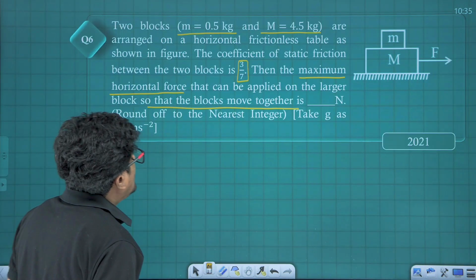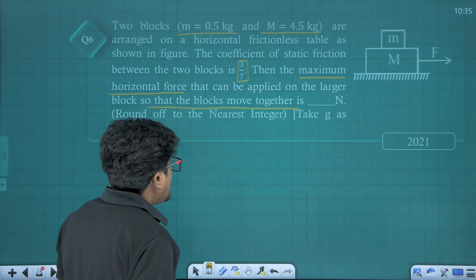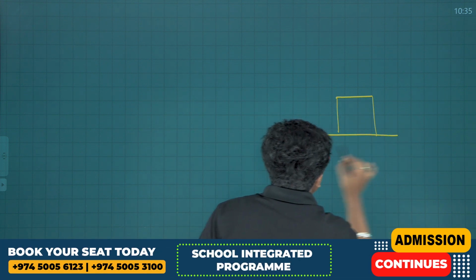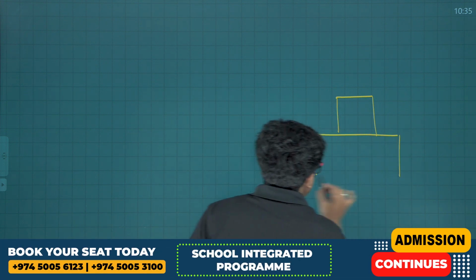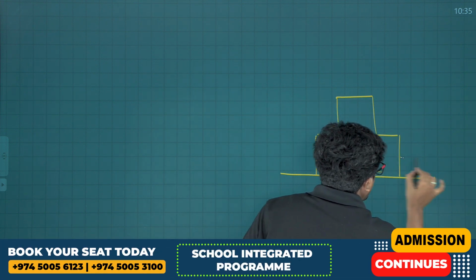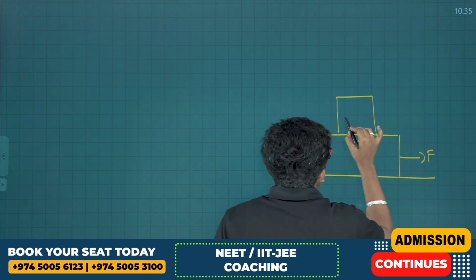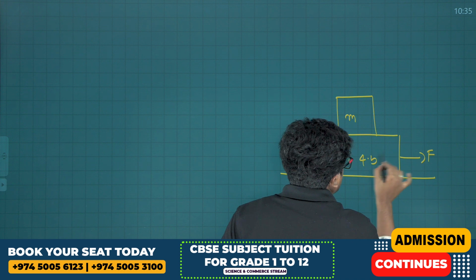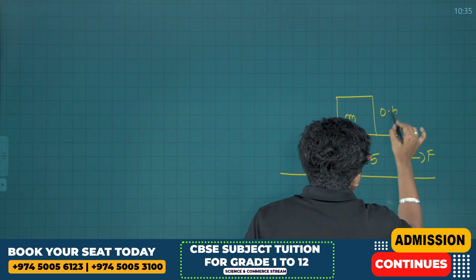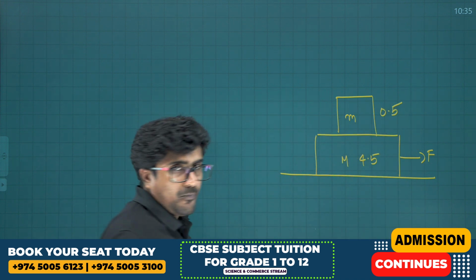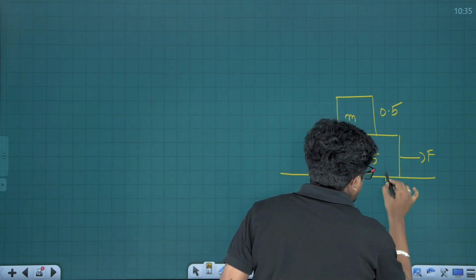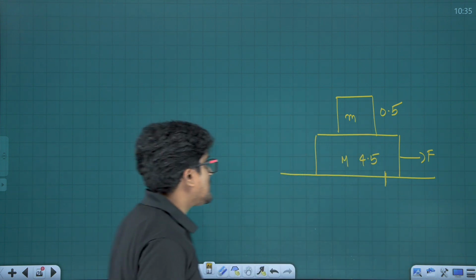So here let us consider the arrangement like this. Here I am applying the force, and here this is small letter m, here this is capital M, and capital M is of mass 4.5 and here this is of mass 0.5, and there is no friction between these two surfaces.